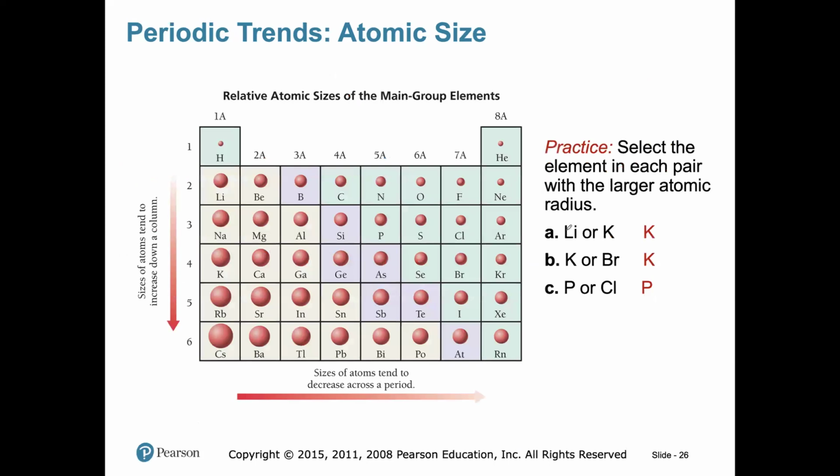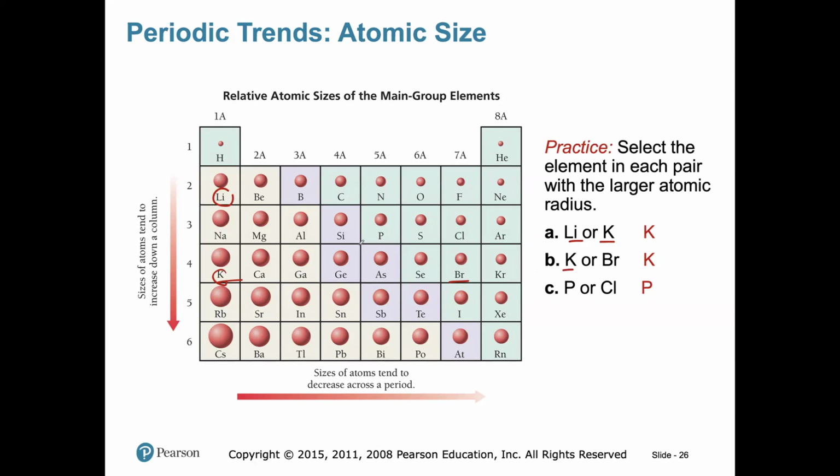If we look at a practice question between lithium and potassium, they're in the same group. Potassium is below lithium and has more atomic orbitals, so potassium is bigger. Between potassium and bromine, which are in the same period, since bromine has more protons, the protons can attract the electrons closer to the nucleus, making bromine smaller, so potassium is bigger.